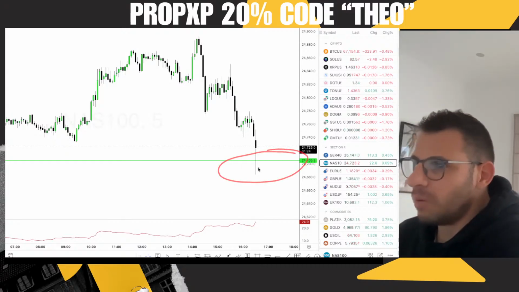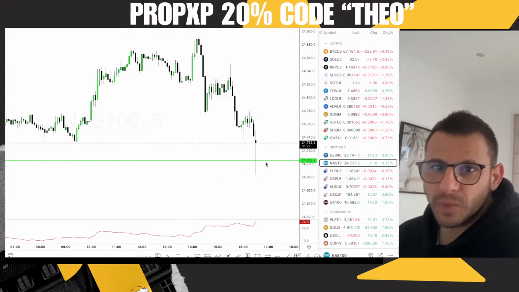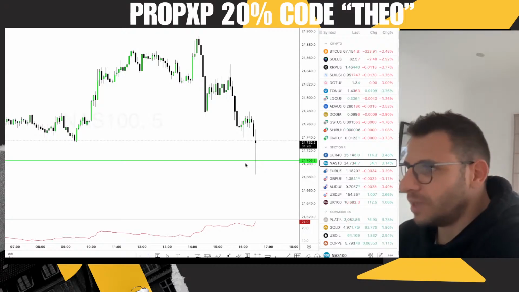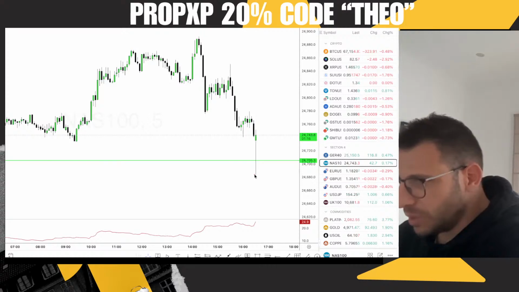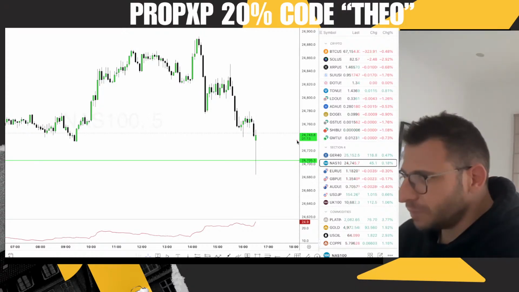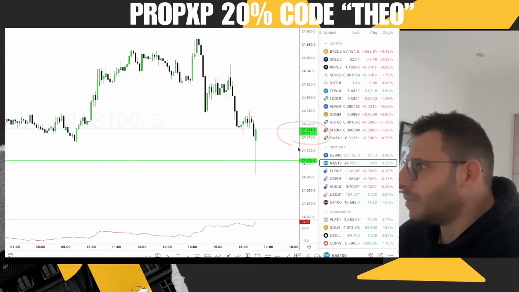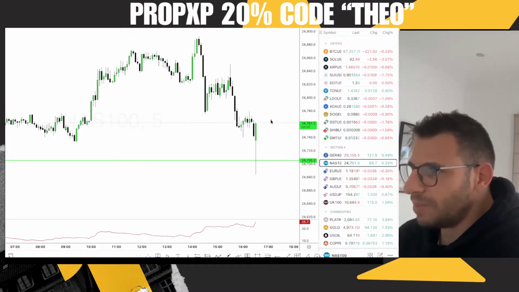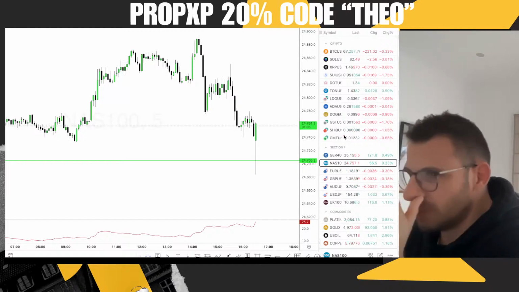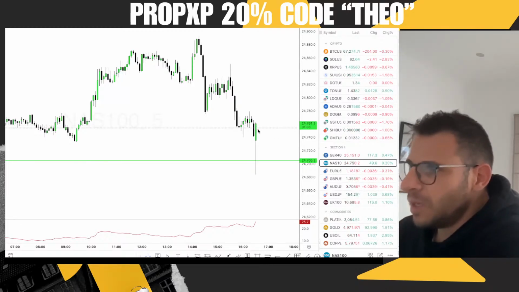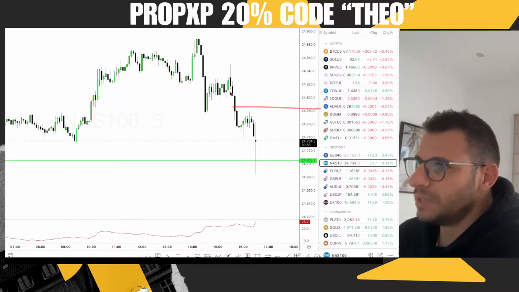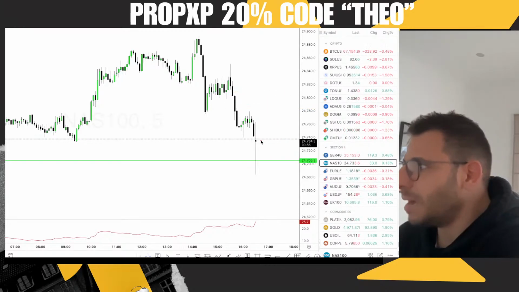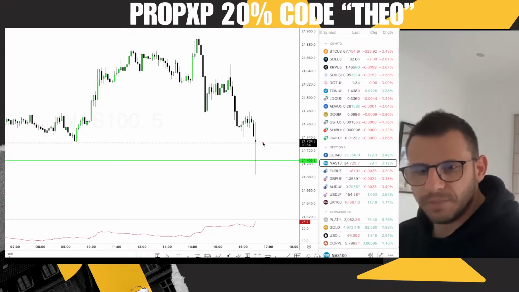We have a support area here, or this straight line connecting this inside support. In the next 1 minute, if we see the price remain as a bullish engulfing candlestick, it means the market will push to the upside, at least in my opinion, to fill up these gaps. Let's see.